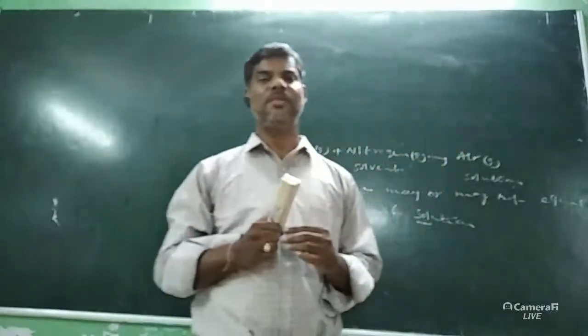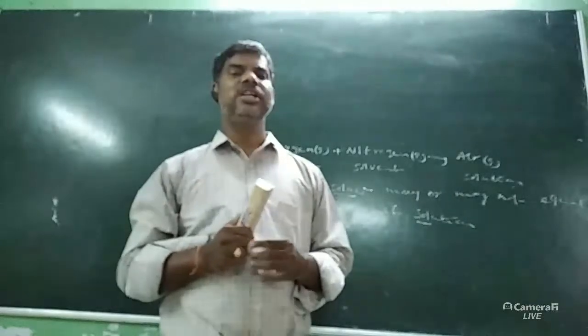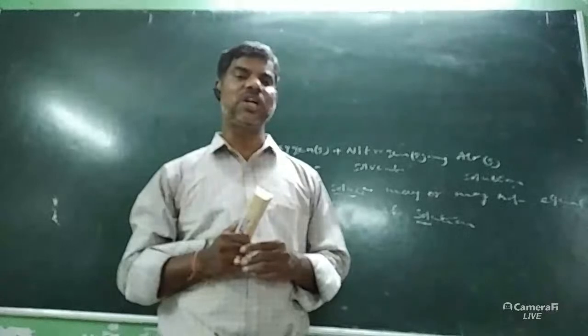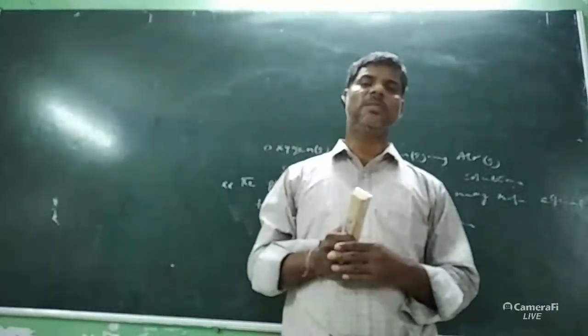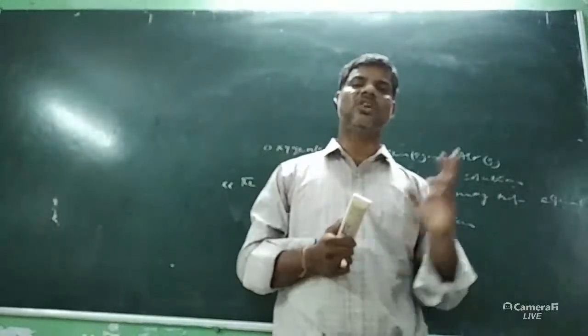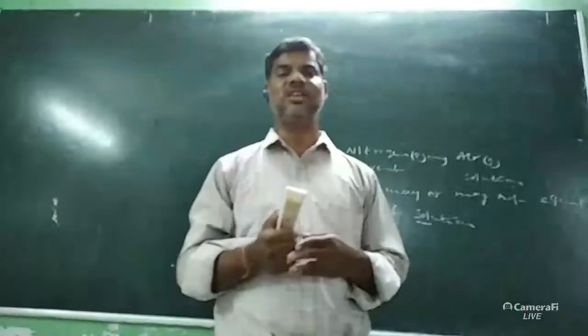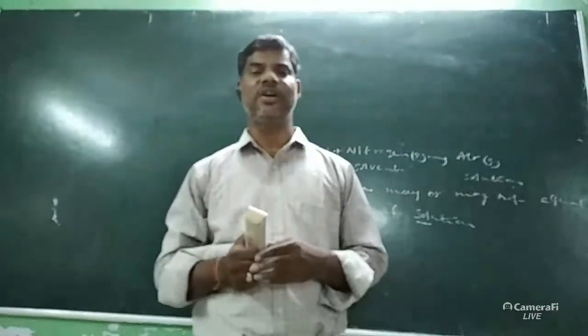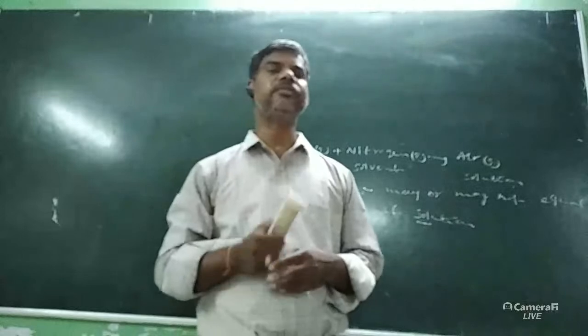The phase of solvent is always equal to the phase of solution. Suppose the solvent is liquid, the solution is also liquid. The solvent is gas, the solution is also gas. The solvent is solid, the solution is also solid. That is nothing but the solvent.